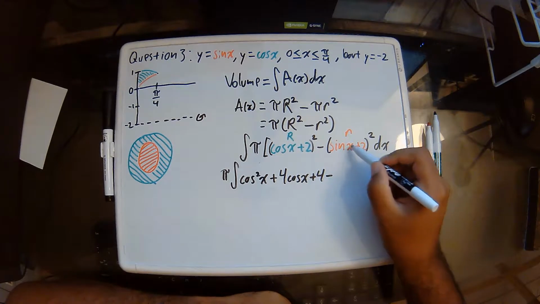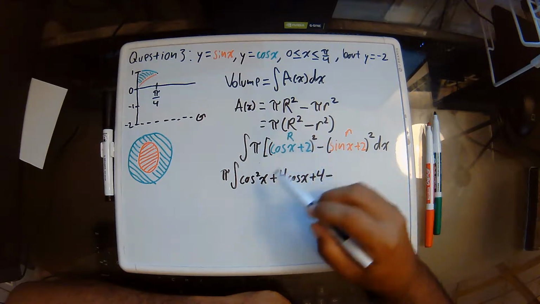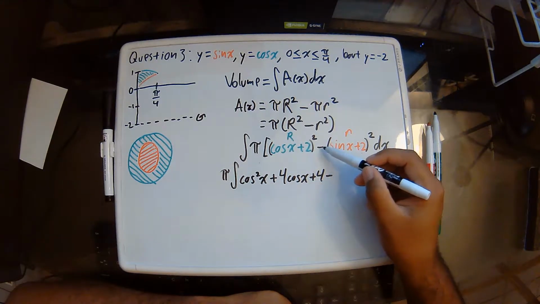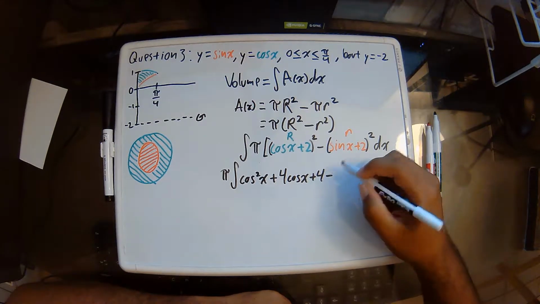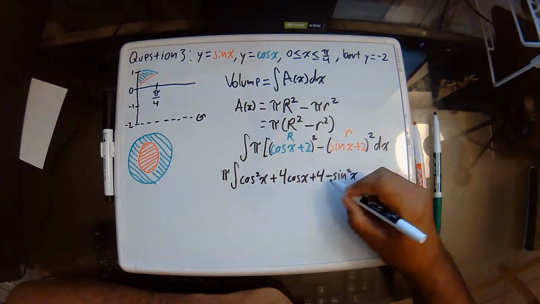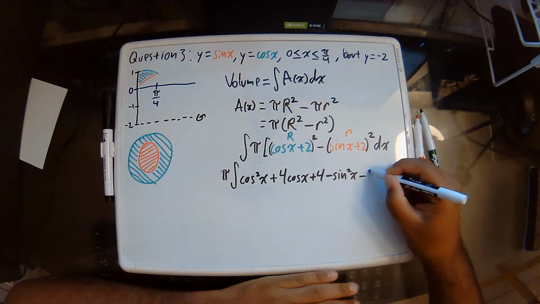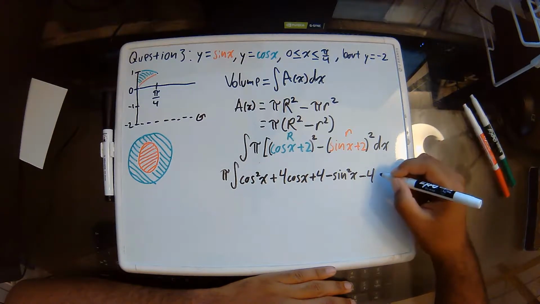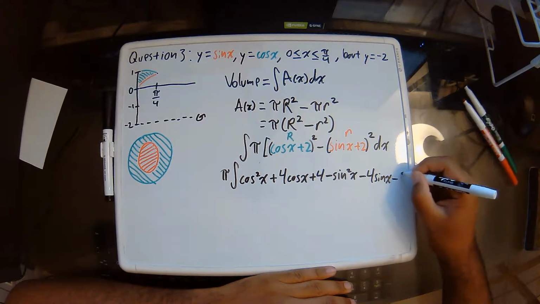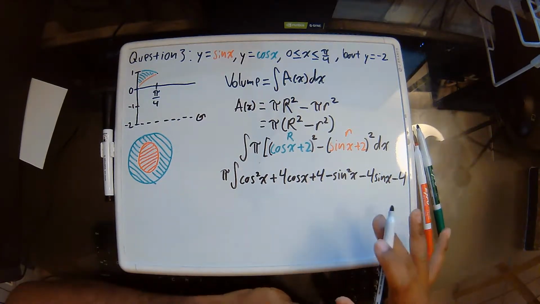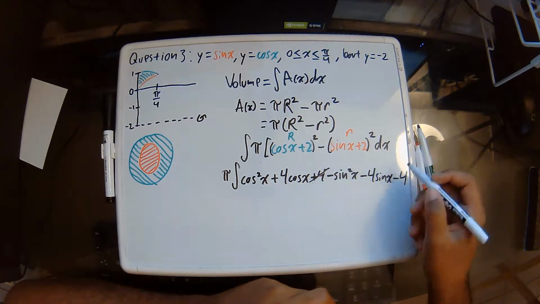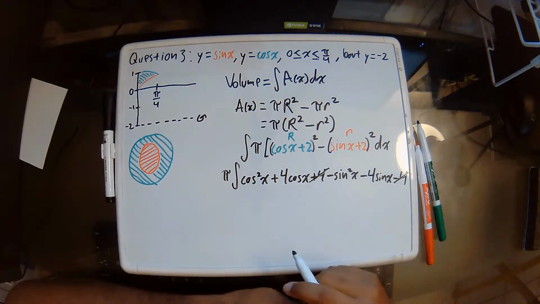And then this over here is the exact same format, just replace cosines with sines. And because all these are being added, and all this is being subtracted, we have to change our signs. So this would be sine squared x minus 4 sine x minus 4. So here we can see that we can cancel out this plus 4 and this minus 4. That would be 0.